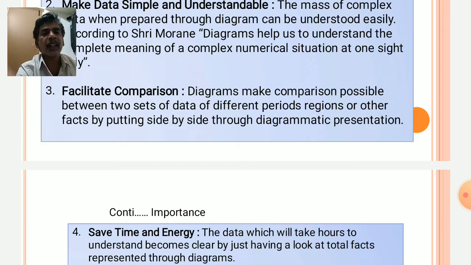So in diagrams, comparison is possible. We can compare one set of data to another set of data easily by putting them side by side through diagrammatic presentation.